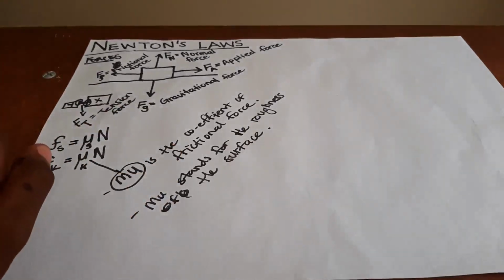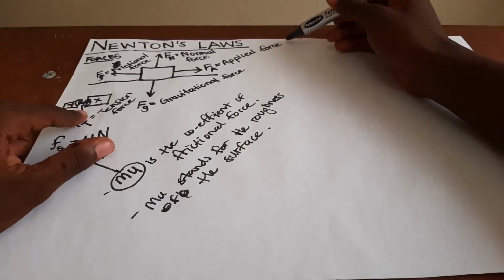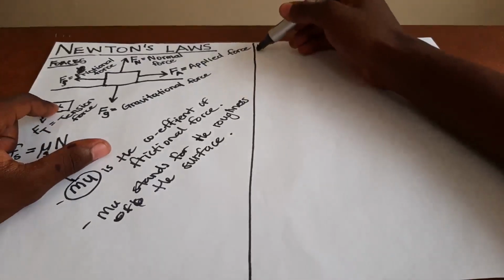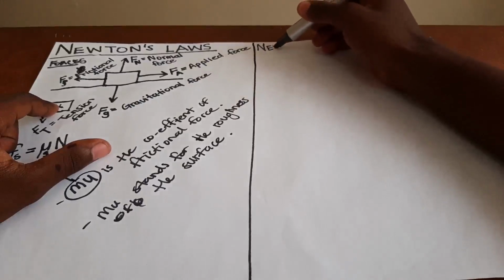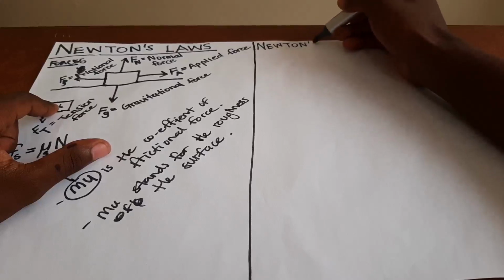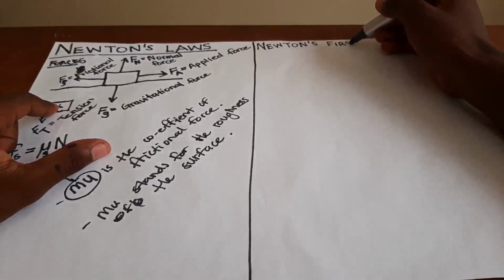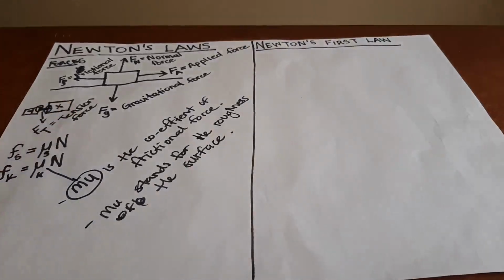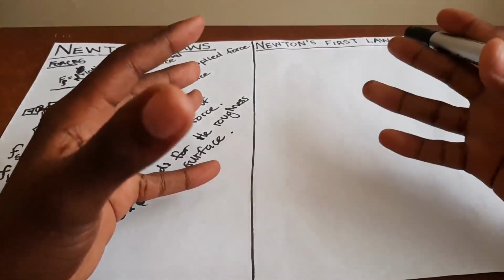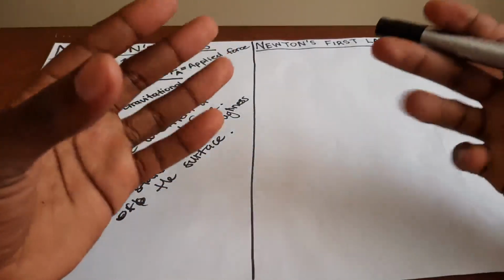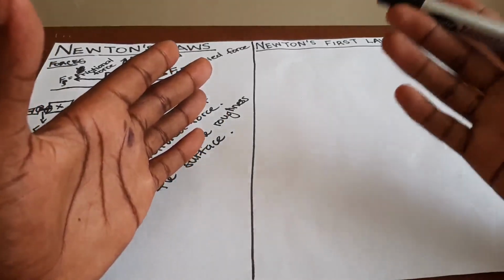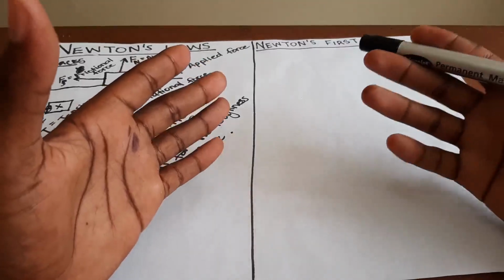So let's get into Newton's first law. Newton's first law states that an object continues in a state of rest or in its uniform motion with a constant velocity, unless it is acted on by an unbalanced net force.